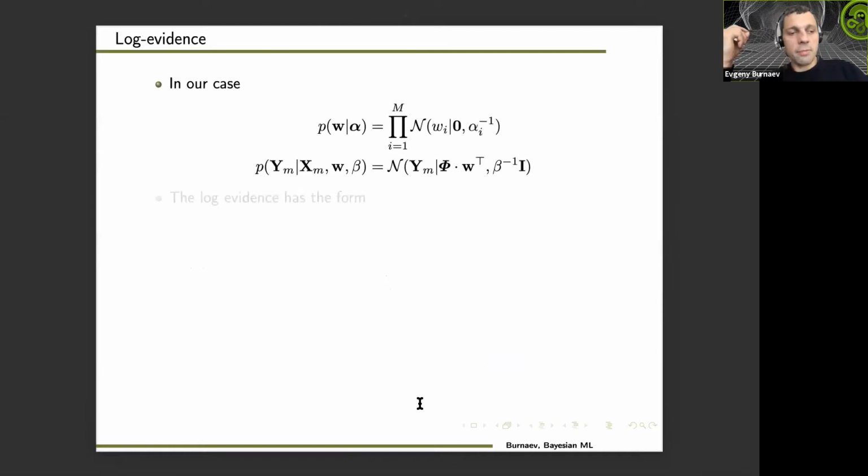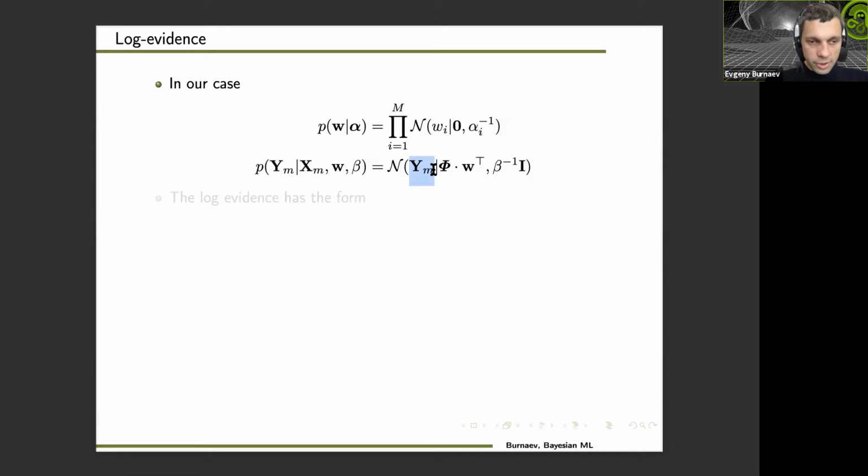And let me explain why if we optimize the evidence function, this can lead to sparsification of the model. So in our case, the prior distribution is like this, and this is the Gaussian distribution. This is the data likelihood written in the vector form.